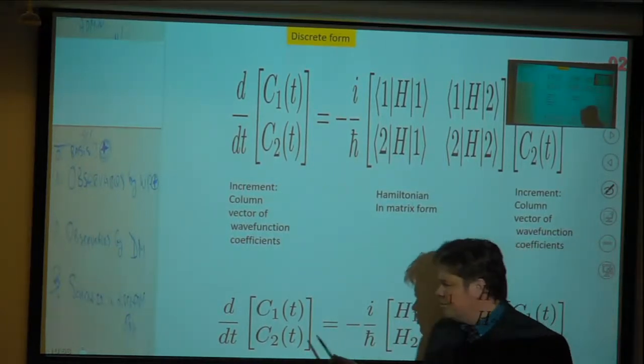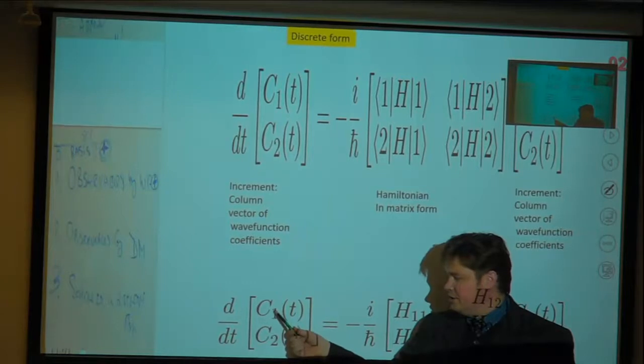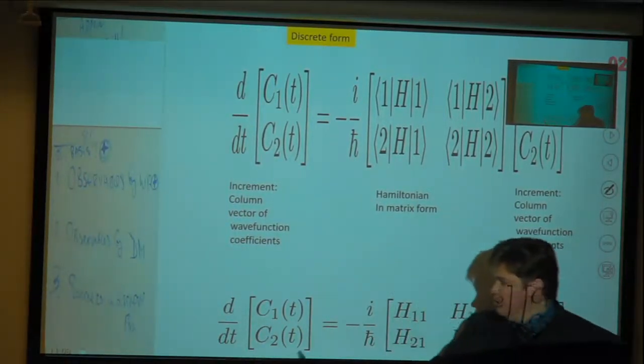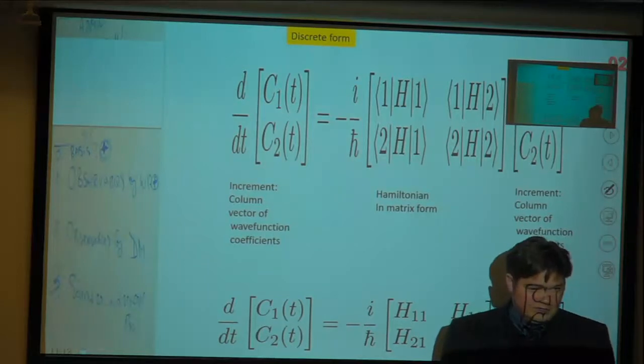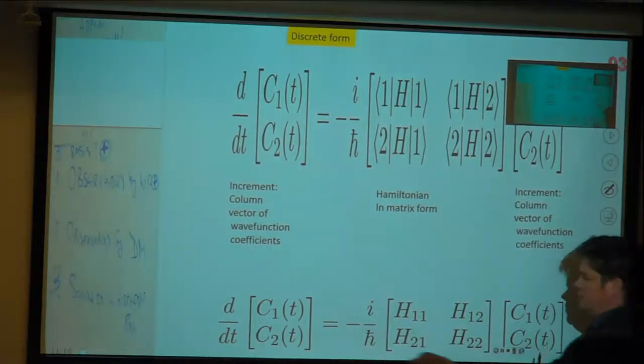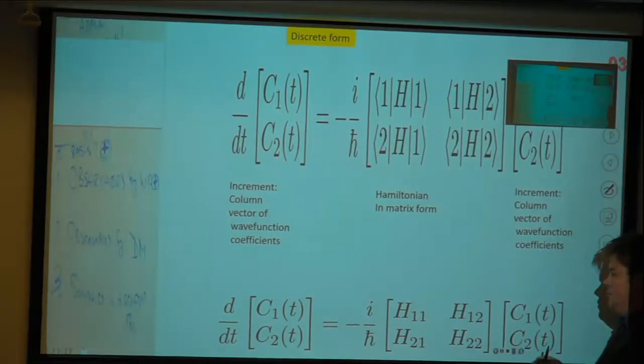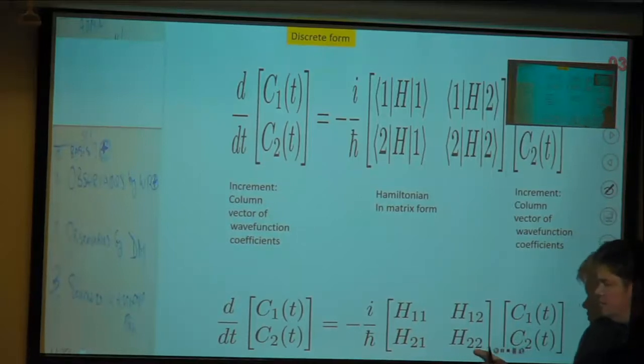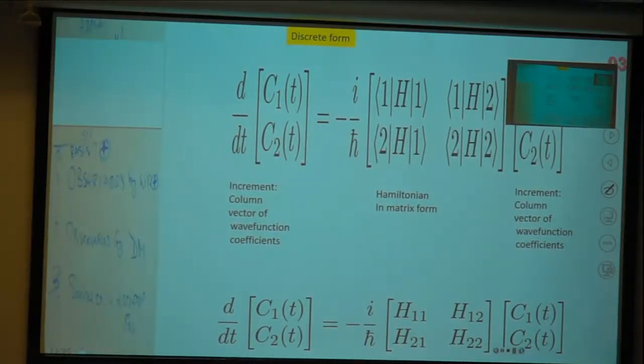Instead of a continuous function, we can represent the wave function as a set of discrete expansion coefficients. It doesn't surprise you. And then we can set up an equation for this vector, or for each element of this expansion. We have time derivatives of these coefficients on the left, and on the right there will be a matrix that replaces, or represents, the Hamiltonian. So instead of an operator cast in the form of differential operators, it will be just a set of numbers in the matrix.